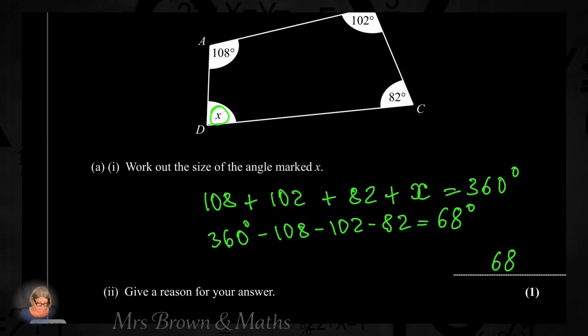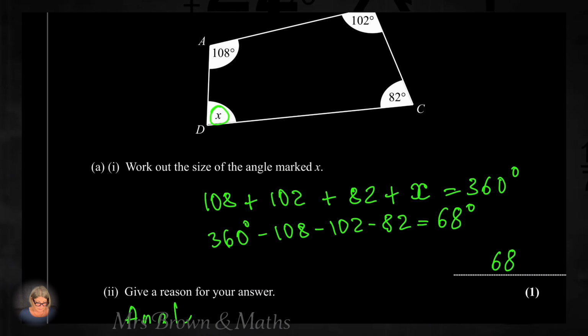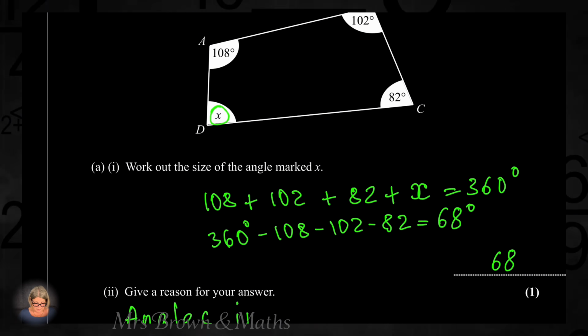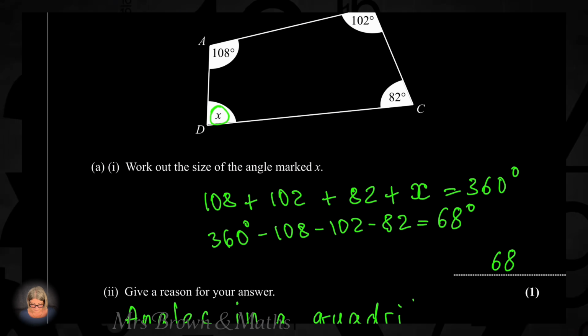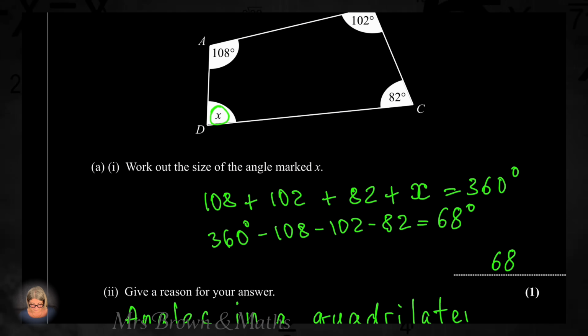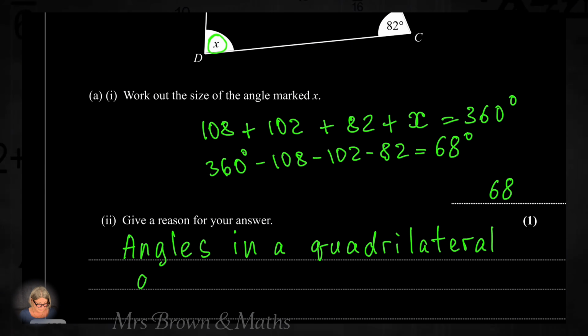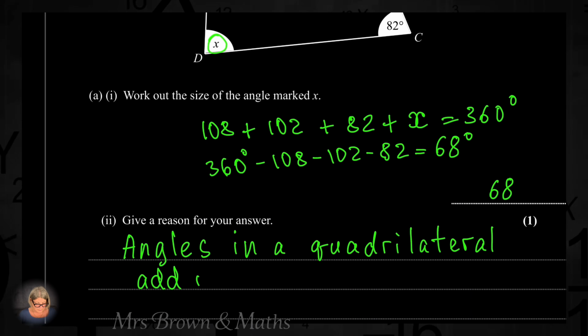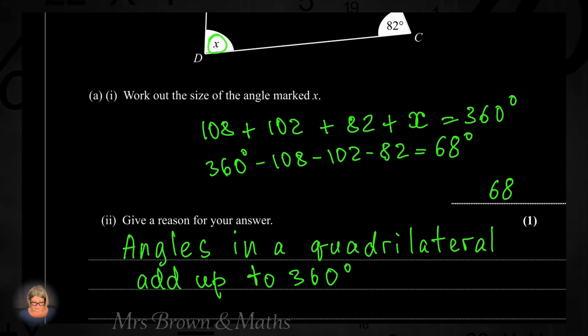So angles in a quadrilateral add up to 360 degrees. That must be there, otherwise you will lose your mark.